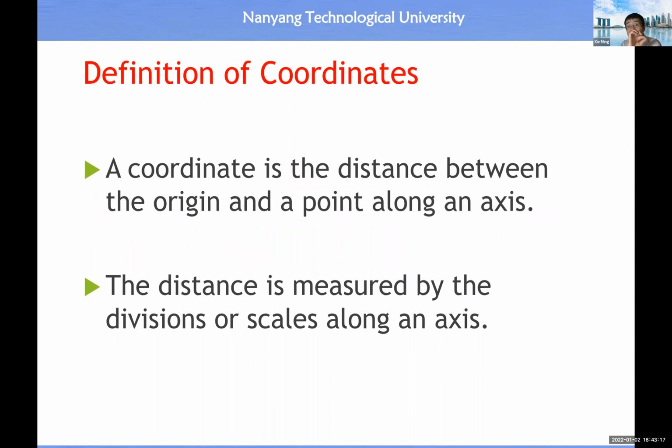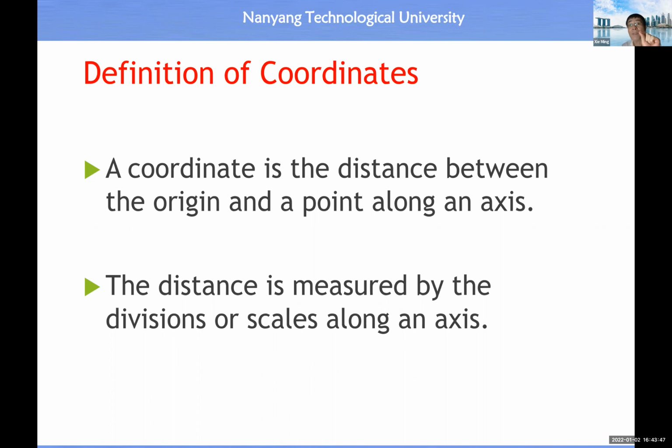With each reference, or each axis, we can tell the position. The position basically means the distance between the origin and the point of the object on the reference. This distance is called a coordinate. So in technical terms, a coordinate is the distance between the origin and the point along an axis.